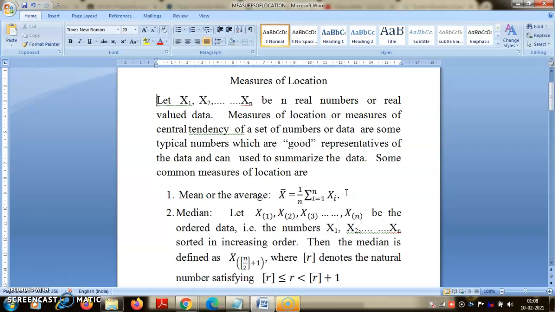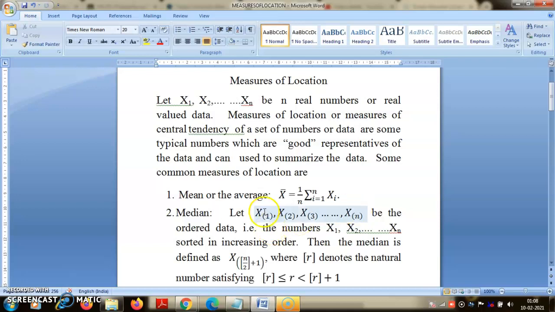Median, that is also a very well known measure of location, but this is perhaps a bit more challenging to understand. So median is the middlemost value. What do I mean by that? So we sort the numbers in increasing order. Now x suffix 1 would represent the minimum number and x suffix n would represent the maximum number.